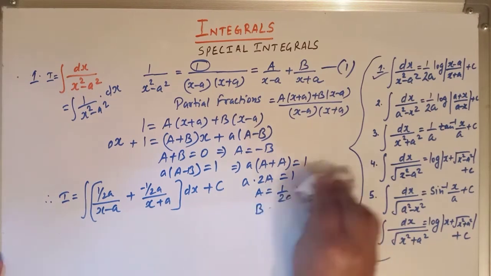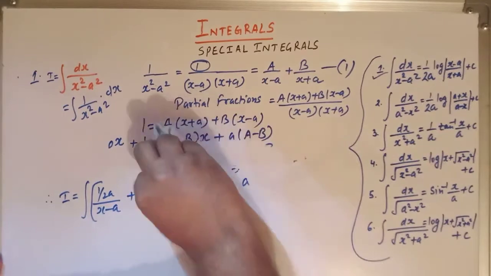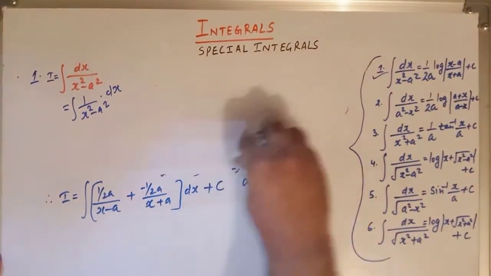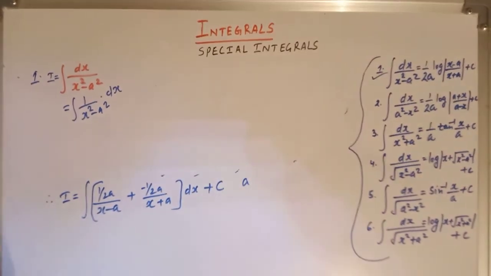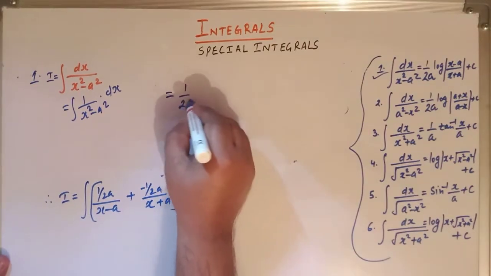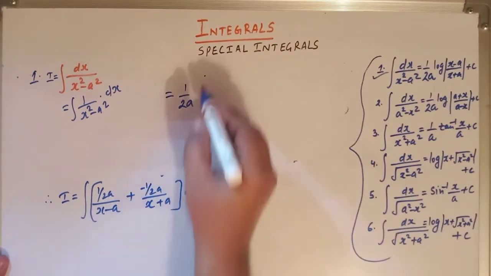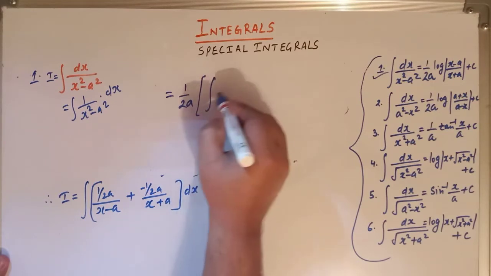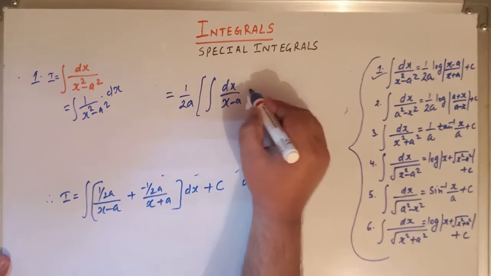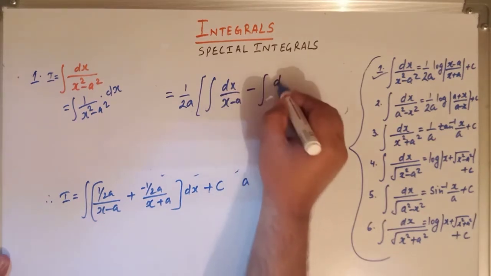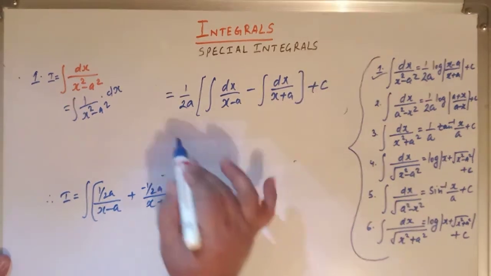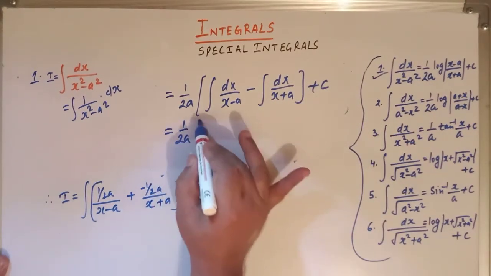Okay, so here now we can write this expression as 1 over 2a. We take 1 over 2a common, and we have integral of dx divided by x minus a, and then we have minus integral dx over x plus a, plus c. Clear? So this is 1 over 2a.